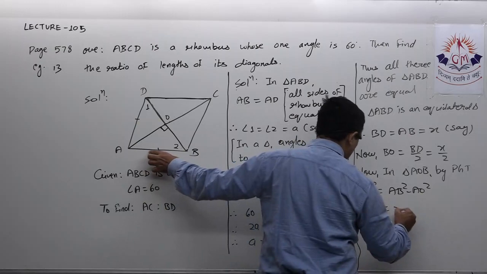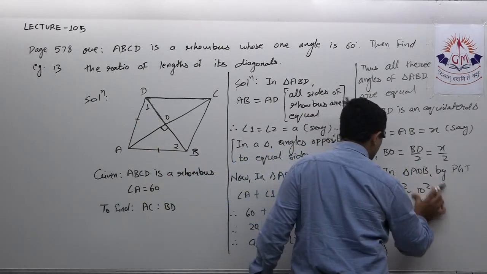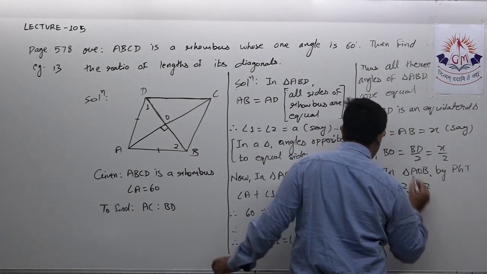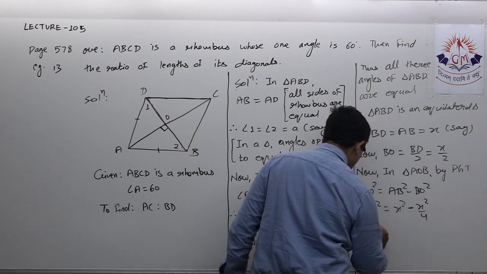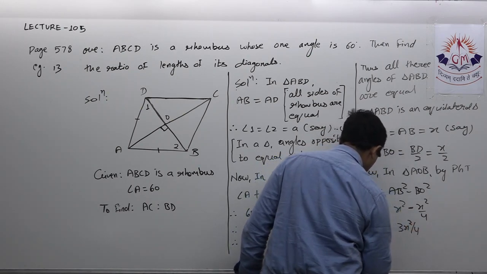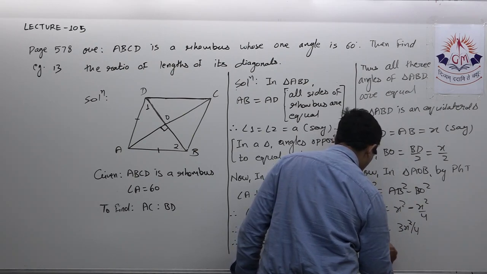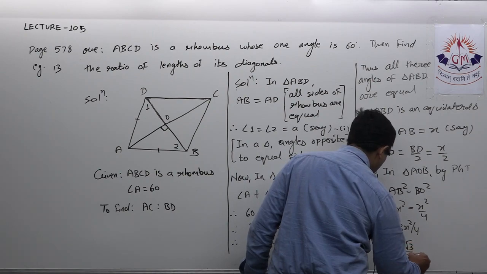AB is x and BO is x by 2, so that is x square by 4. So AO square is equal to 3x square by 4. So ultimately AO is equal to x root 3 by 2.